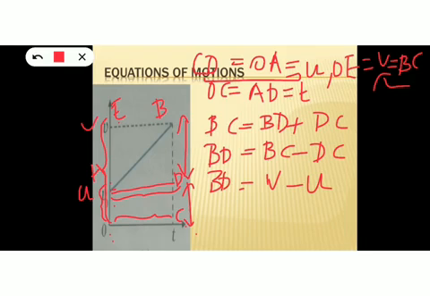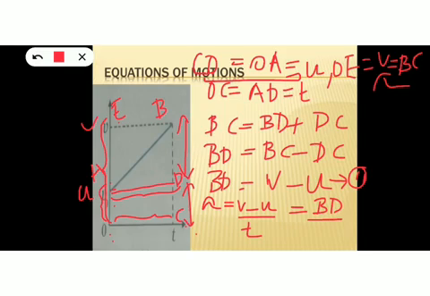At the same time, we know the acceleration equation, A is equal to V minus U by T, right? Let it be equation number 1. From this equation, we have got an expression for V minus U, which is BD. So instead of V minus U, we can write BD by T, which gives BD equal to AT, because A equal to BD by T. Let this be our equation number 2.